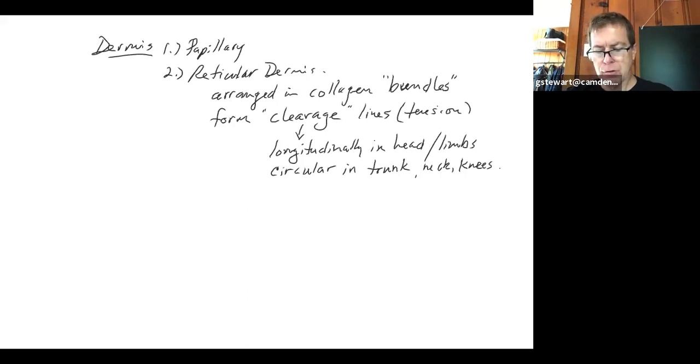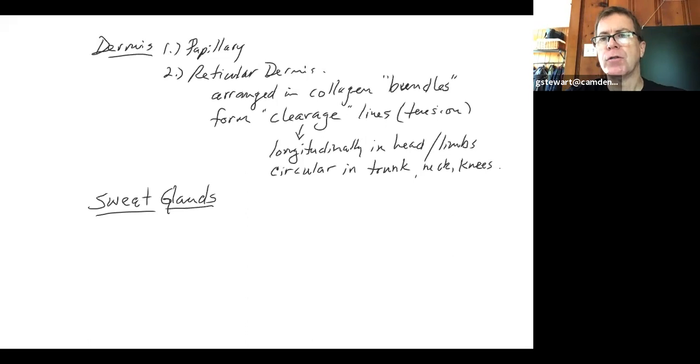Now I'm going to go straight to sweat glands. So we're still talking about the integumentary system, and sweat glands are a big part of it, structures within the integumentary system. They're also called sudoriferous glands. So if you read that or hear me say that, same thing.